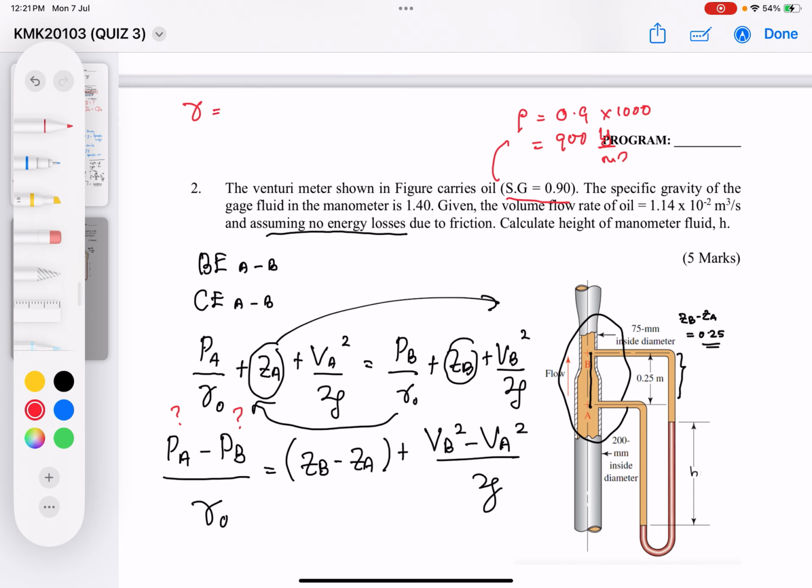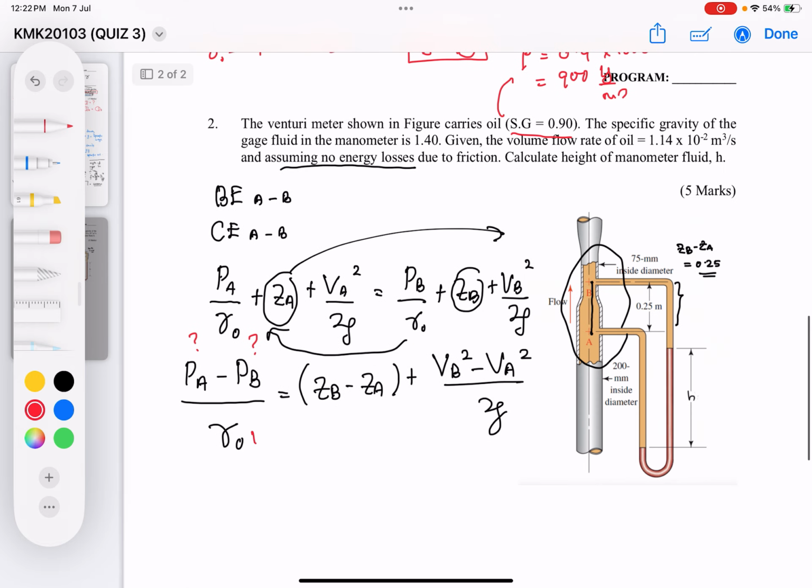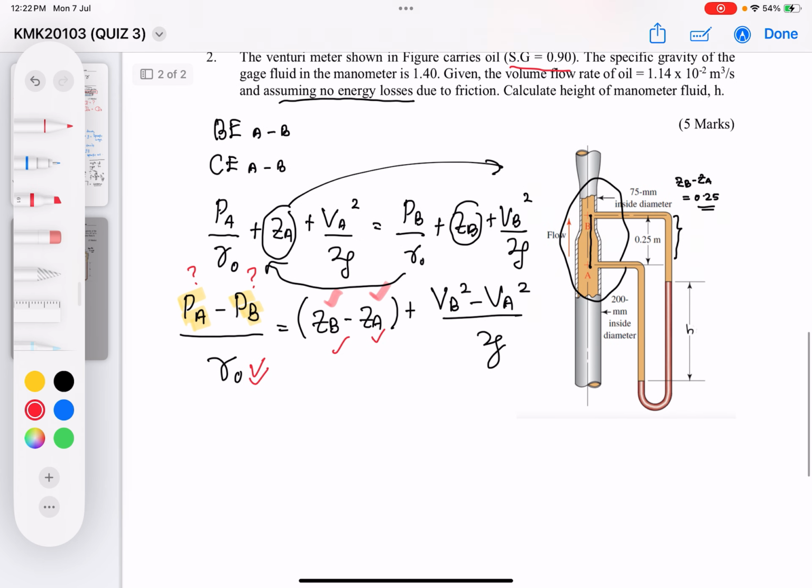Therefore, the specific weight of the oil equals 900 multiplied by 9.81, because specific weight equals rho multiplied by g. So I can calculate this one. The unknowns here are PA and PB, but ZA and ZB can be calculated, which is okay. Then I have VA and VB, which are unknown.